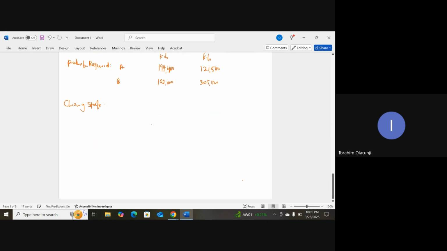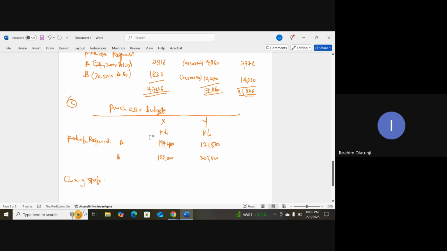Can we do the working notes? Yes. So let's do the working notes so that the work will be neat.